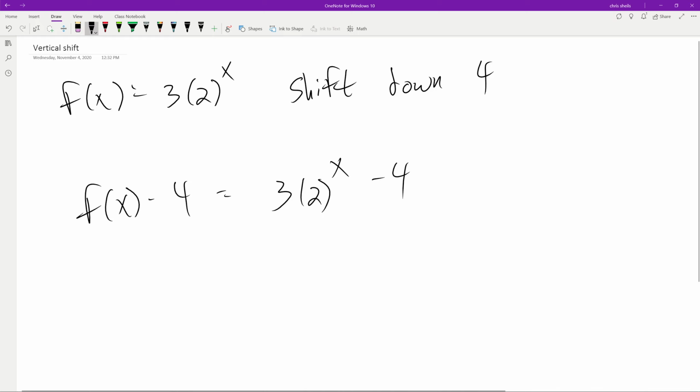And there's no way to represent this as some change in the initial value. This actually shifts the graph down, and this causes me to now have a horizontal asymptote at y equals -4 instead of y equals 0.